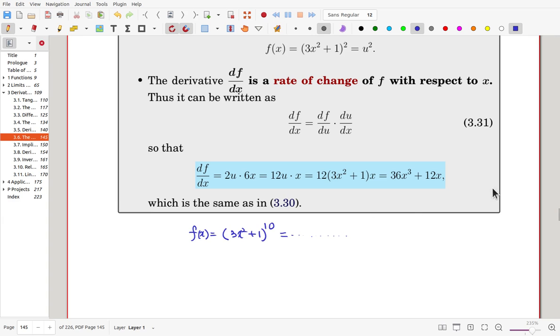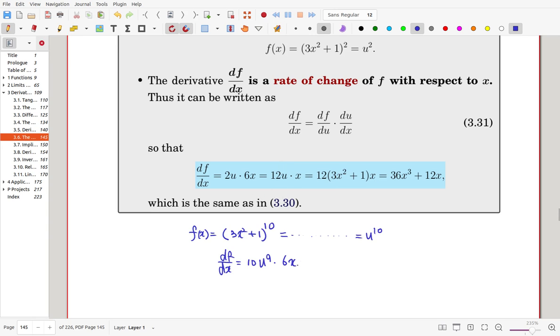However, if you use this formula, that can be written as u to the 10, so that df over dx is df over du, which by the power rule we can get as 10 times u to the 9, times du over dx, which is the same here, 6x.